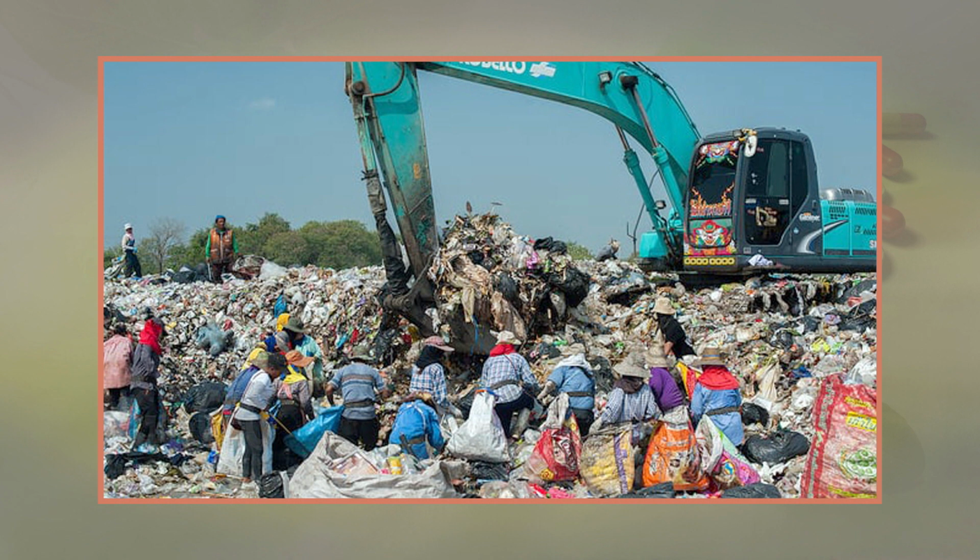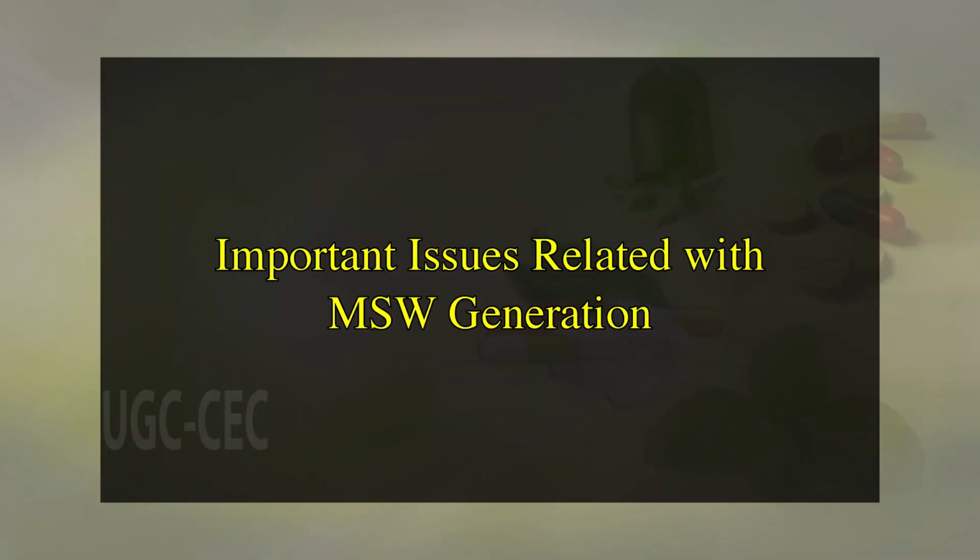As such, failure to segregate waste at different stages resulted in dumping of mixed waste on windrow platforms and landfills, leading to ineffective waste management. Dumping of mixed waste on the windrow platform also results in the reduction in quality and quantity of compost. Now we'll discuss important issues related with municipal solid waste generation.